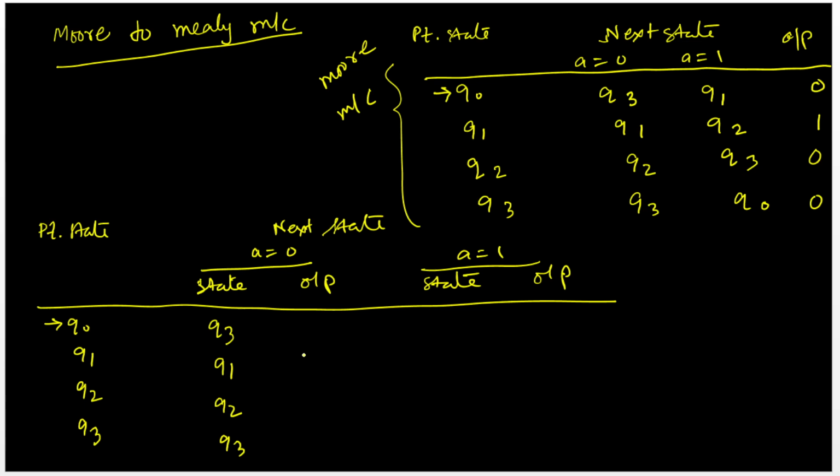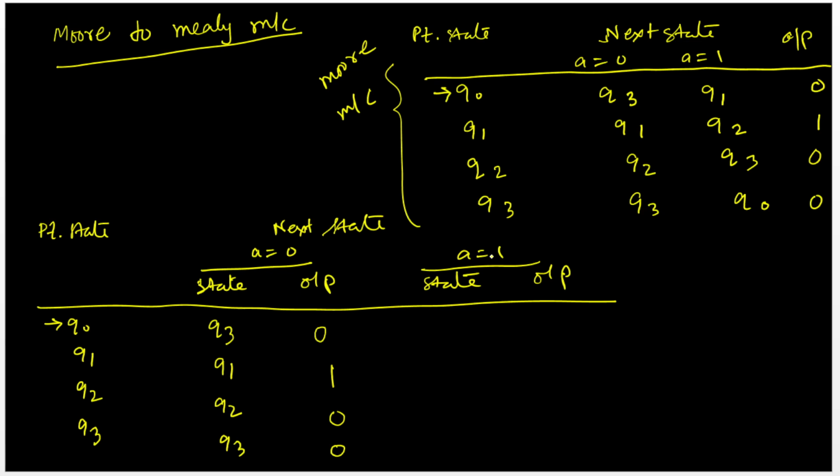So for q naught, the present state and input 0 take you to state q3, but the output will be 0. Now for q1 output is 1, q2 output is 0 and q3 output is again 0.